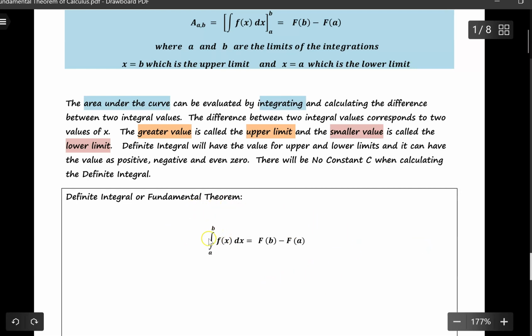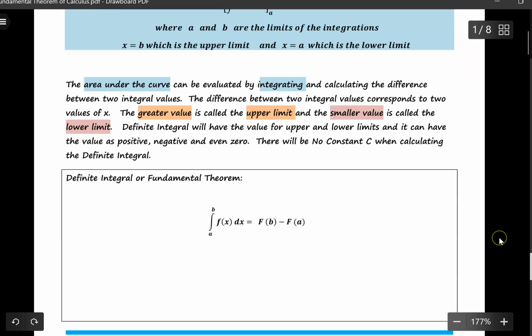I have the integral evaluated from the lower limit a to the upper limit b of the function f(x) dx, then I can calculate the difference between the 2 integral values. So the integral value at b subtract the integral value at a. We make sure that we evaluate at the upper limit, then subtract the value evaluated at the lower limit.